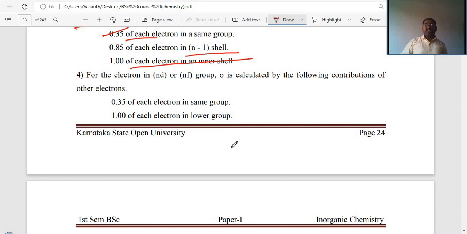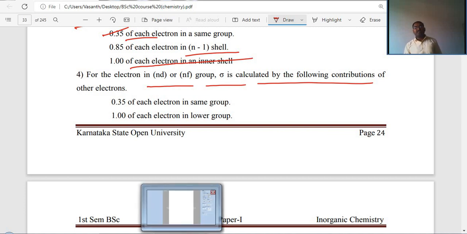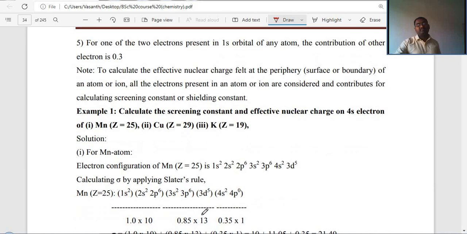For an electron in an nd or nf group, sigma is calculated by the following contributions: 0.35 for each electron in the same group, and 1 for each electron in the lower groups.